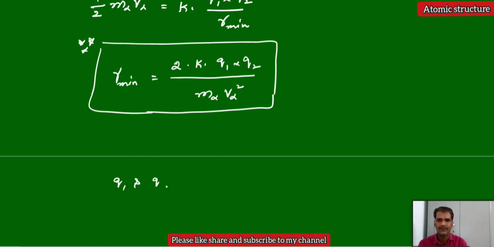Q1 and Q2: charge of alpha particle, and in case of Rutherford experiment, we can take this as a gold atom. It may be gold, sometimes we can take some other X atom also.